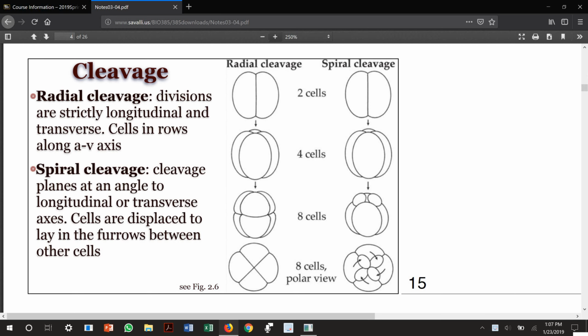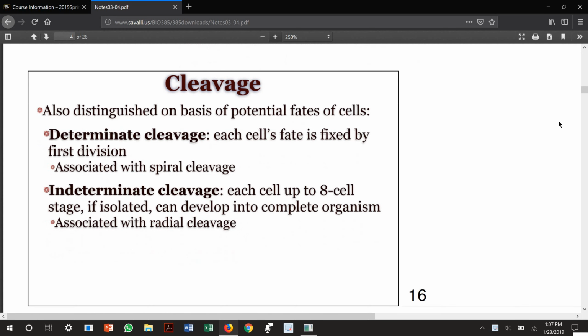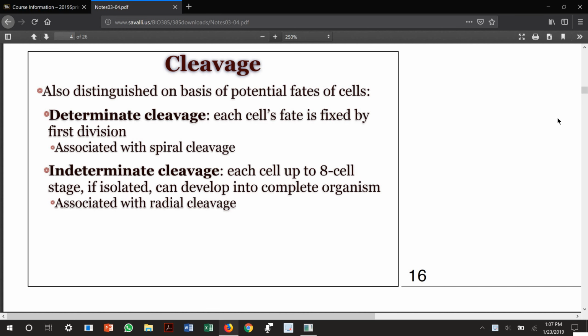Okay. As it turns out, generally organisms that have spiral cleavage also have what we call determinate cleavage. In determinate cleavage, each cell's fate is basically fixed by the time of the first cell division.